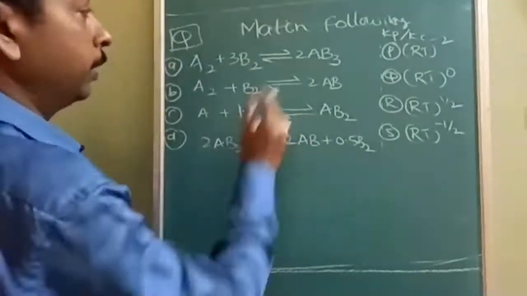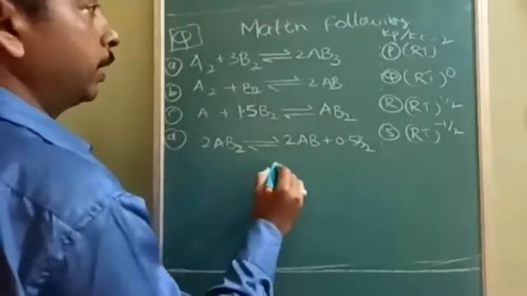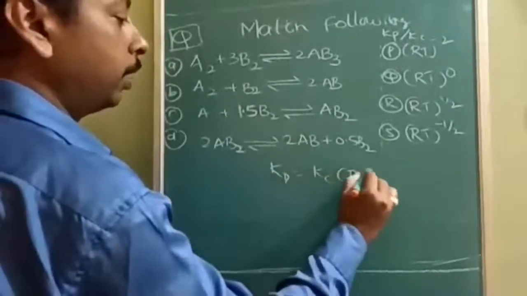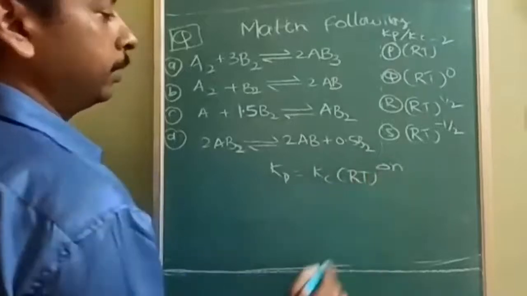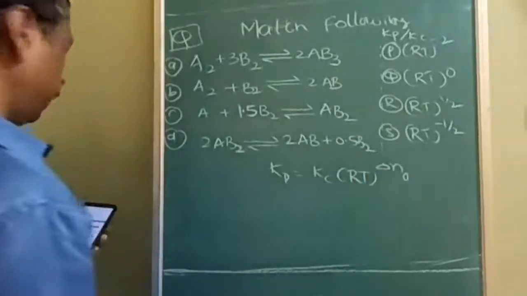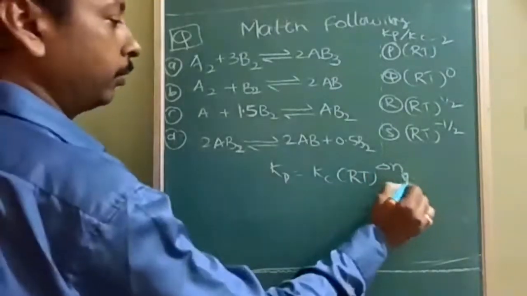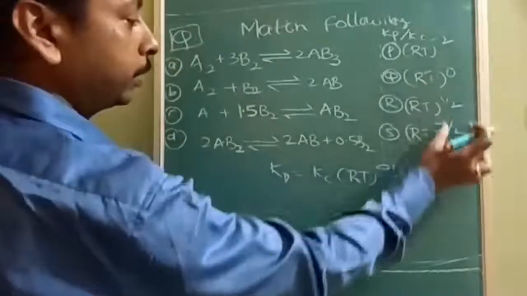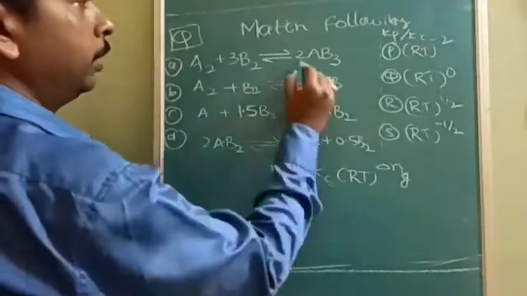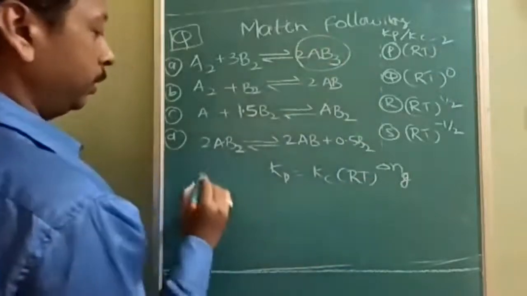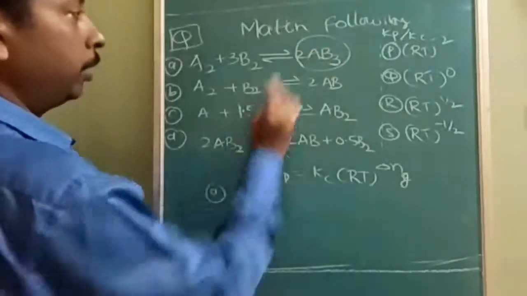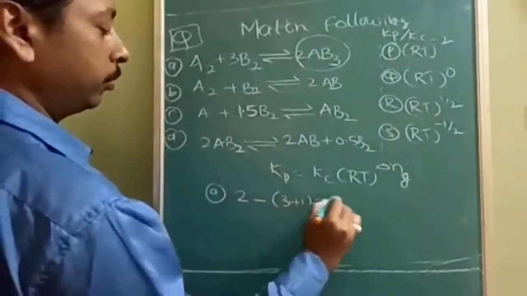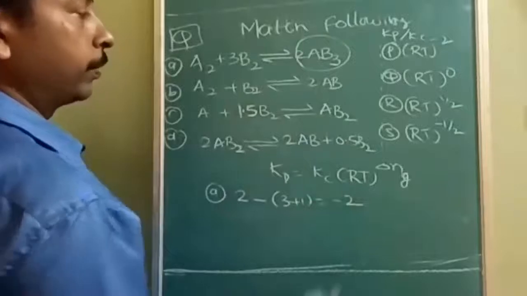In this question, we have to find delta N because Kp is equal to Kc into RT to the power of delta N, and I am considering everything as gases only. If you are able to find delta Ng, just substitute here. For A, delta Ng will be 2 minus 3 plus 1, that is minus 2.